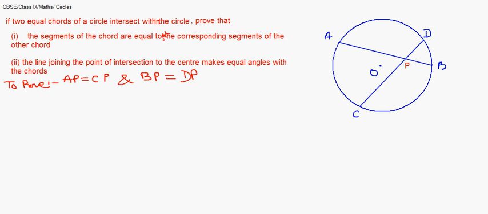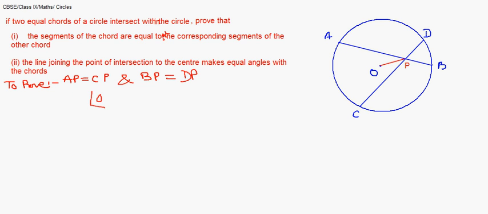And then the line joining the point of intersection to the center. Okay, we haven't joined them yet, this part. Yes, this is the point of intersection joined to the center that makes equal angles with the chords. Okay, we will be now proving this angle. Oh god, sorry.